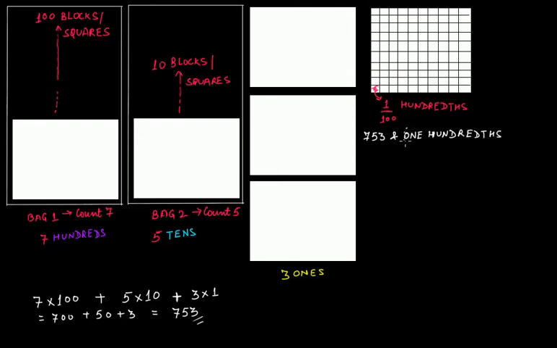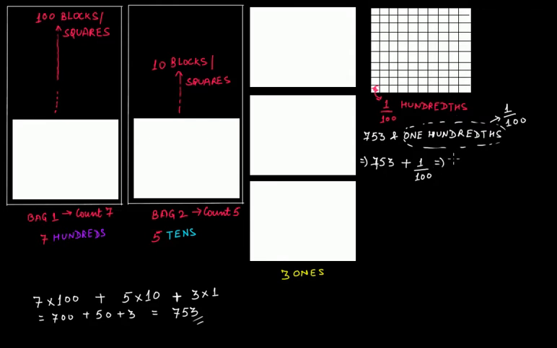This 1/100 is the fraction represented by each one portion. So your number will be 753 plus 1/100.